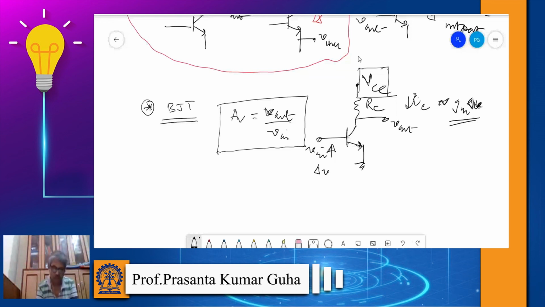VCC and RC will also tell you how much headroom we will have. So VCC and RC have an important role to play for the gain of the amplifier. These things we will discuss in the next class.